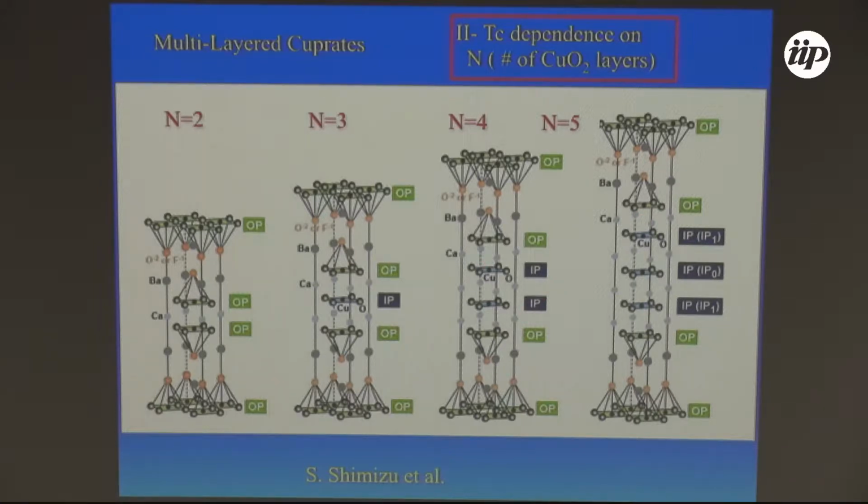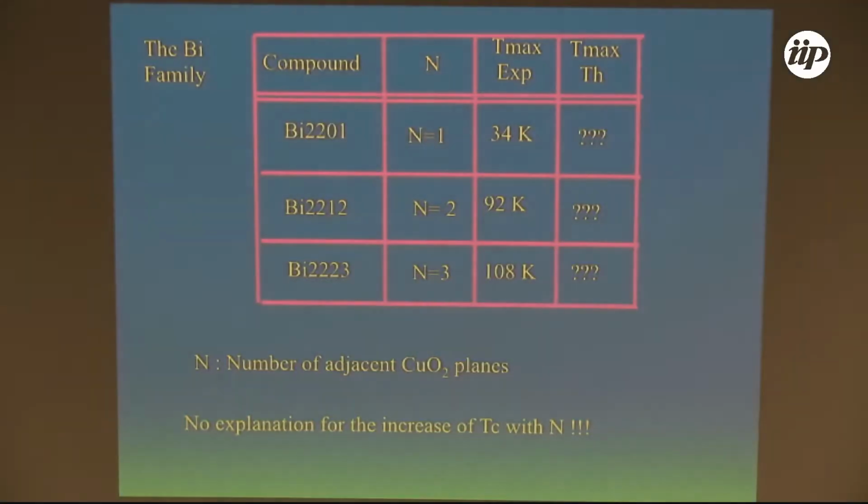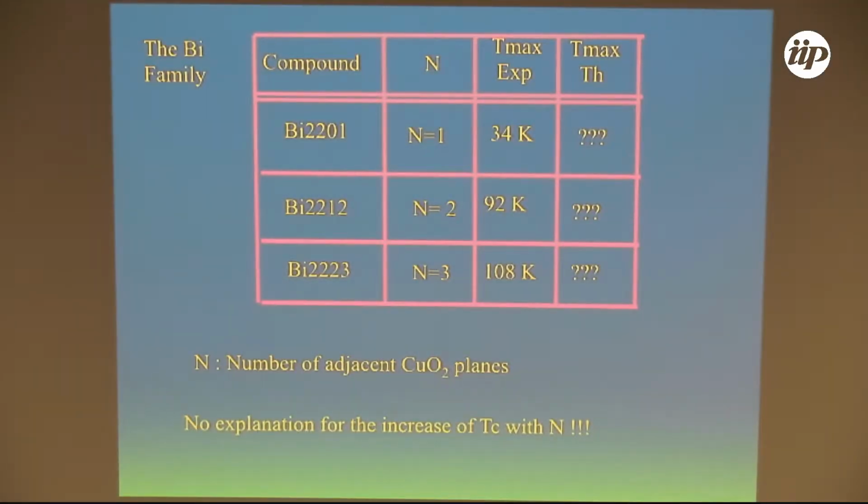As we increase the number of planes, it's a complex behavior: the temperature first increases. Here's the bismuth family. We start with 34 Kelvin for one layer, 92 Kelvin for two layers, and 108 Kelvin. This is the maximum, optimal temperature.